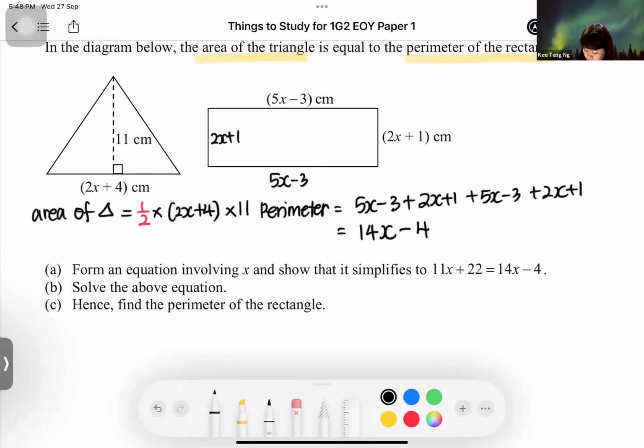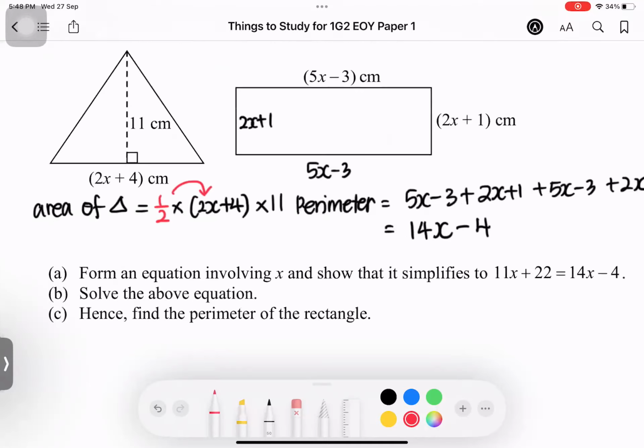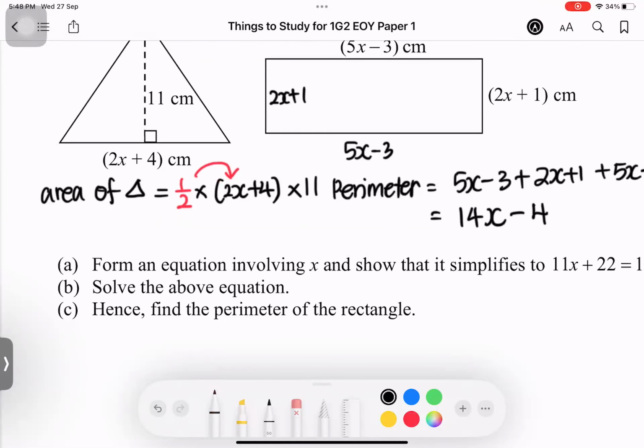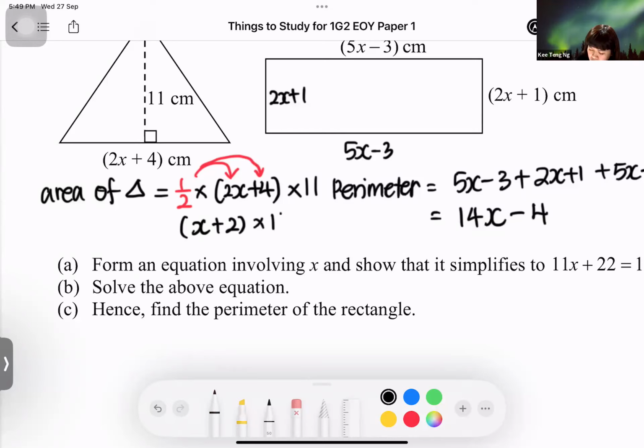Half times 2x is x, half times 2 is 1. Then outside still times 11. Multiply inside, what do we get? 11x plus 22.